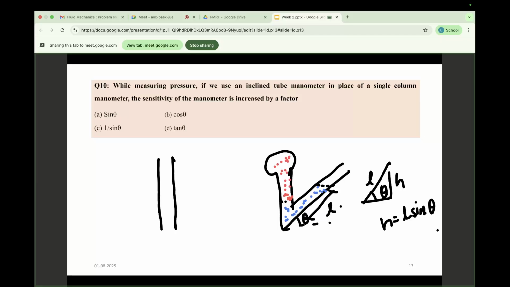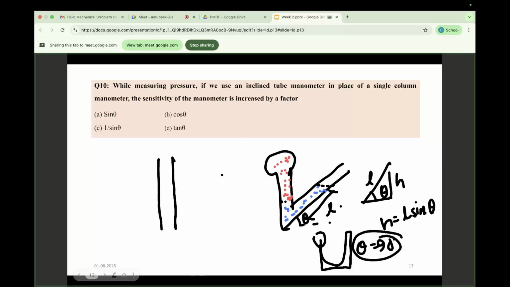And if this theta is 90 degrees, then it is a U-tube, like this thing will look like this one if theta is 90 degrees. Yes or no? So that is the thing here.